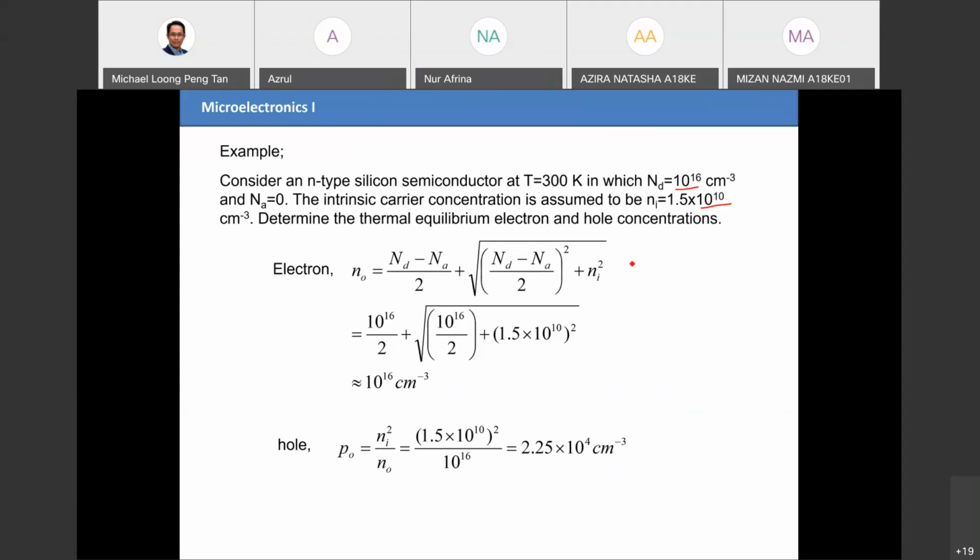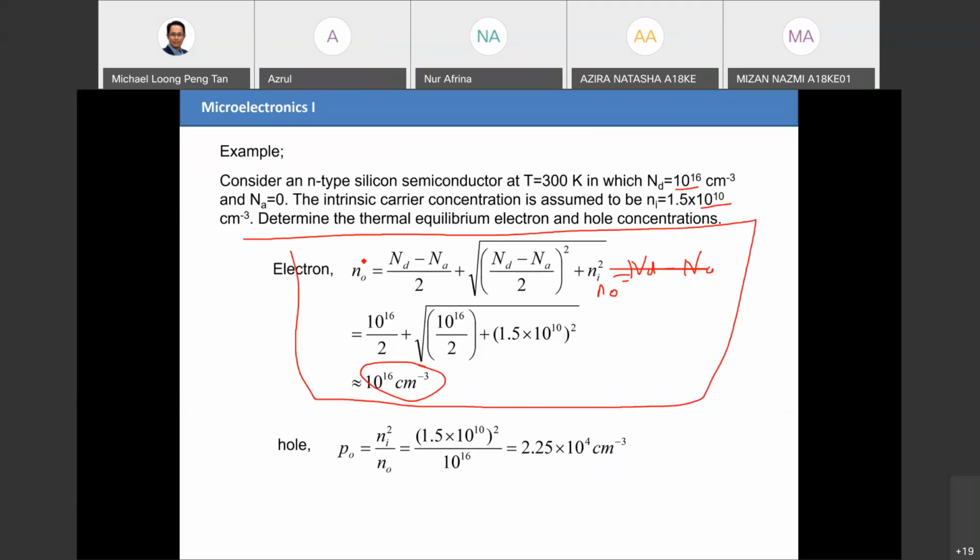So ND minus NA gives you NO. What is your NA? NA is 0. ND is 10 to the power 16, right? You see the answer, 10 to the power 16 is the same. You don't even have to write this equation, you just do it in your mind. You just say ND minus NA, because NA is 0, your NO is actually your ND.